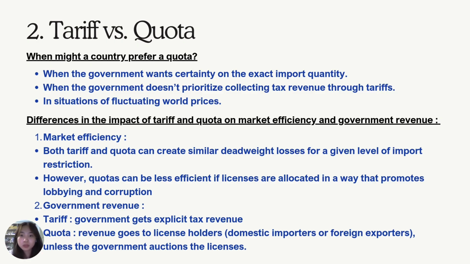For example, if the government wants to guarantee that domestic farmers keep at least 80% of the market, it can cap foreign imports at 20% through a quota. Quotas are also attractive when world prices fluctuate strongly because they provide a clear upper limit on imports regardless of how cheap foreign goods become.